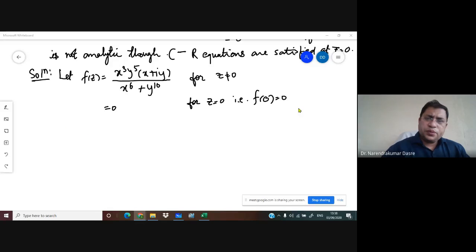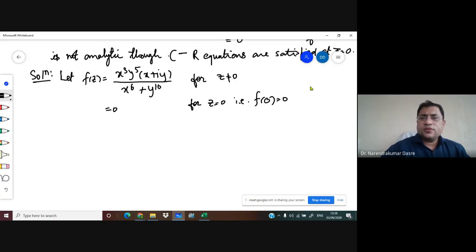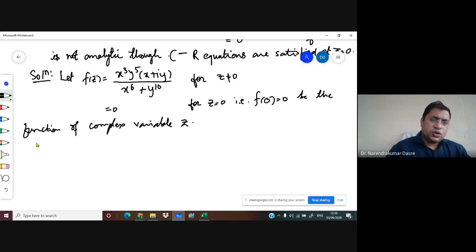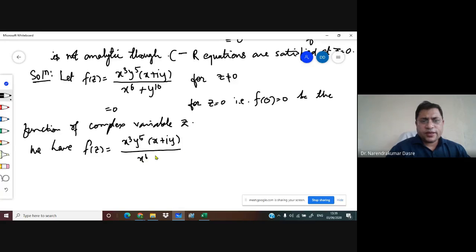To separate, we have to separate the real and imaginary parts, and hence we have f of z equal to x cube y raised to 5 into x plus iy upon x raised to 6 plus y raised to 10.